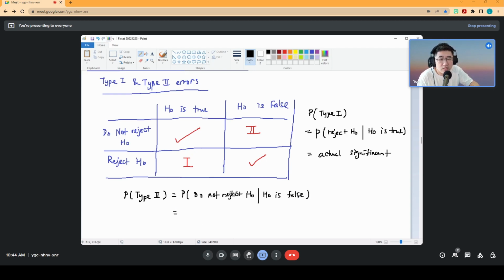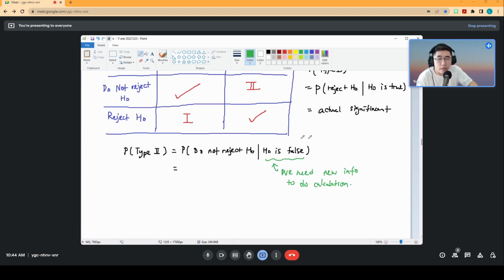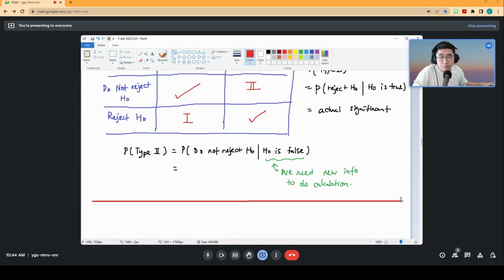Under these circumstances, we need new information to do the calculation. So let's see how we actually calculate this. Let's go to an example.